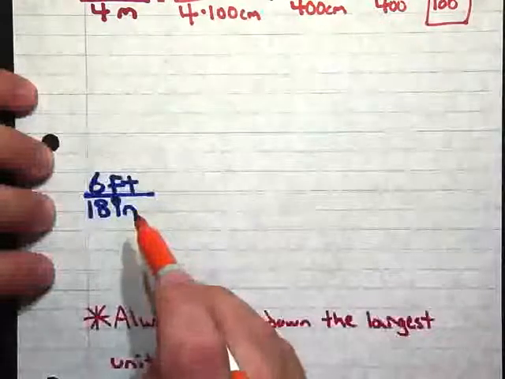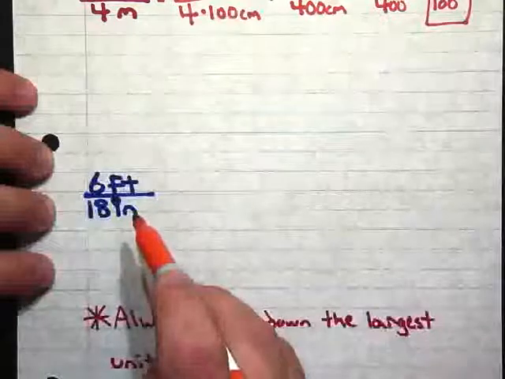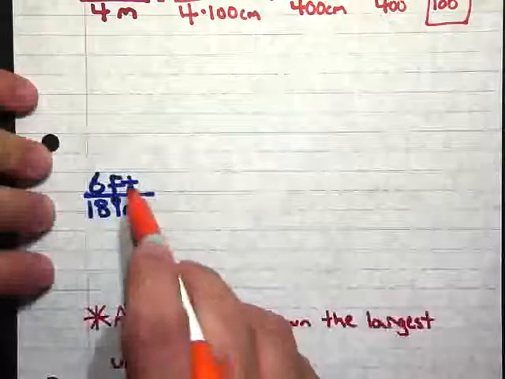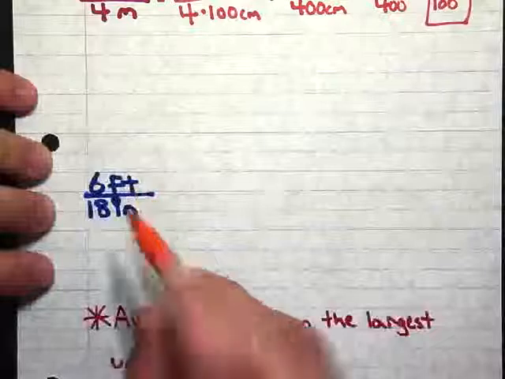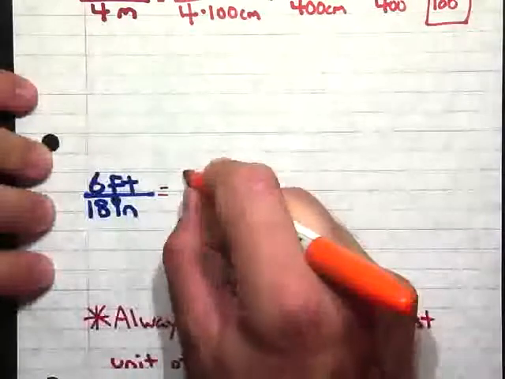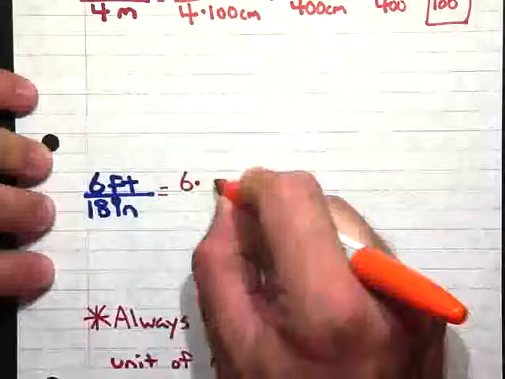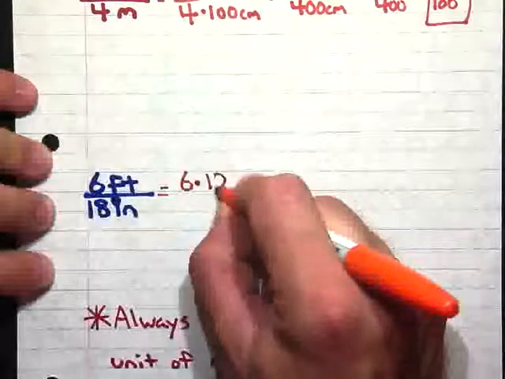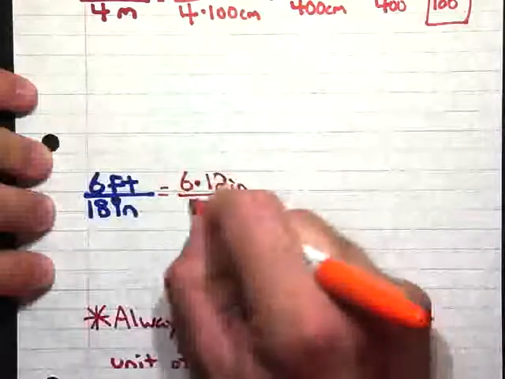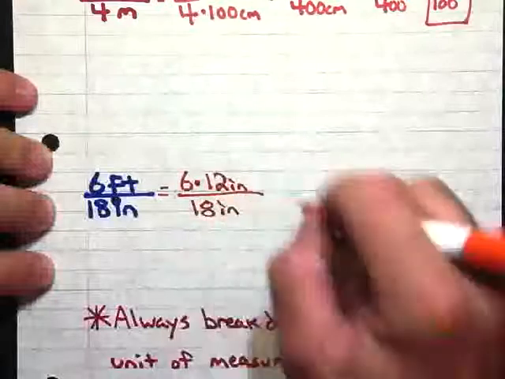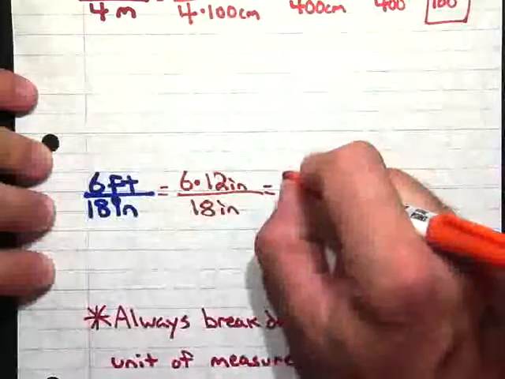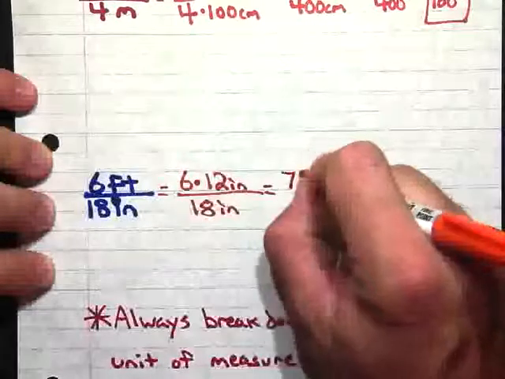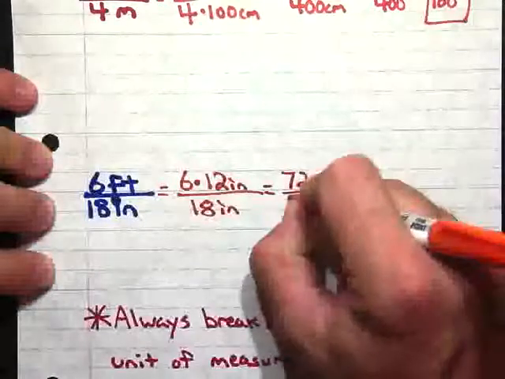And we know that 1 foot equals 12 inches. So we want to break down our largest unit of measure, which is feet. So we're going to take 6 and multiply it by 12 inches per foot. And our 18 inches is going to stay the same. So when we do that, we end up with 6 times 12, which gives us 72 inches over 18 inches.